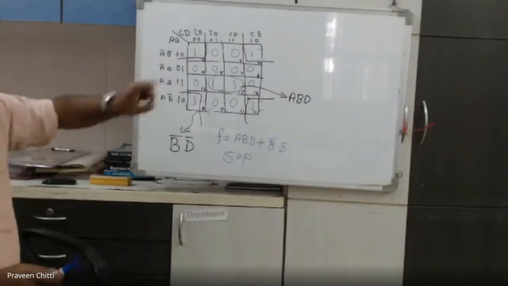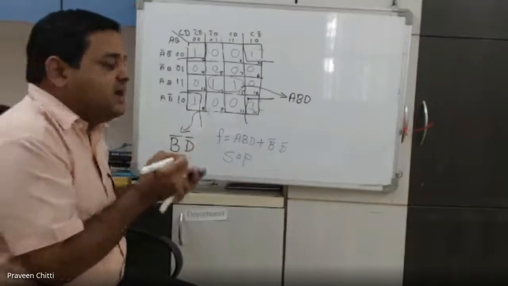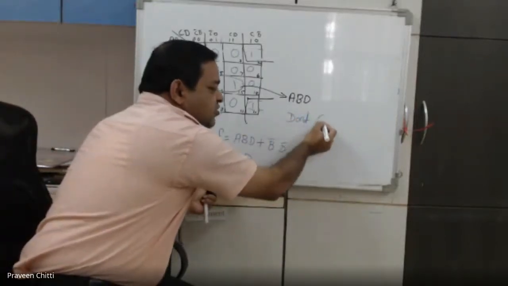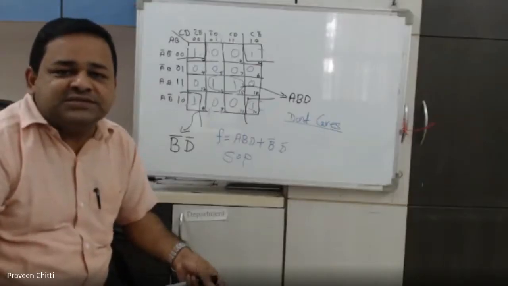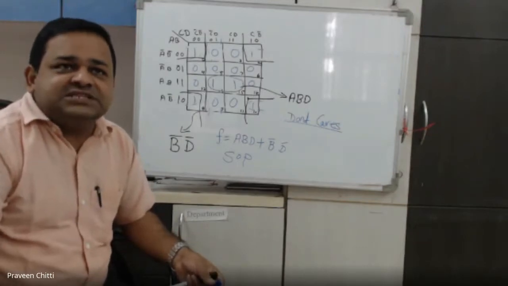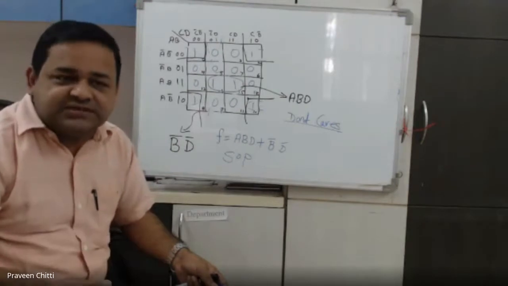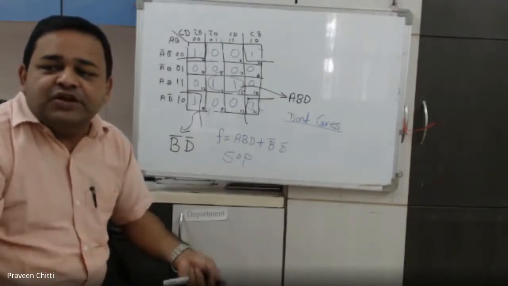Okay, so when we come across the simplification of K-maps, many times we will be using what are called don't care conditions. Already I explained what you mean by don't cares. In digital systems, certain input combinations never appear, and obviously the corresponding output also will not be there.